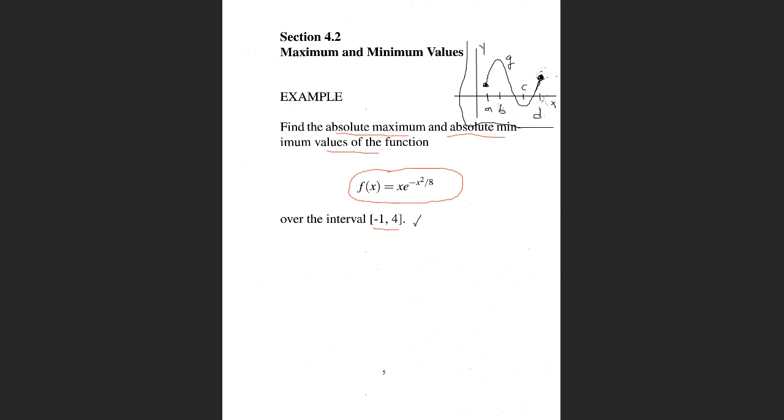I have this function g of x. To find out the value of b, we know the absolute max occurs at b, but what's a way to verify that a maximum occurs at x equals b?